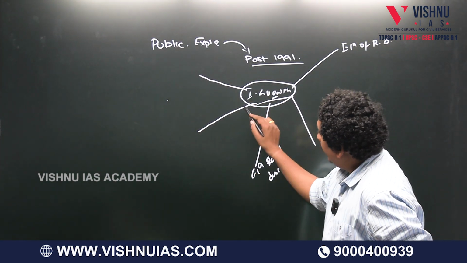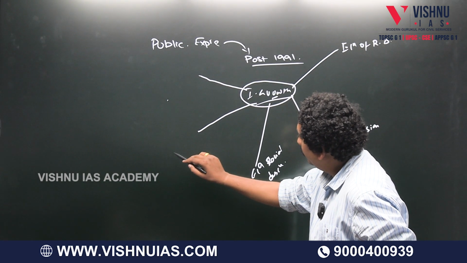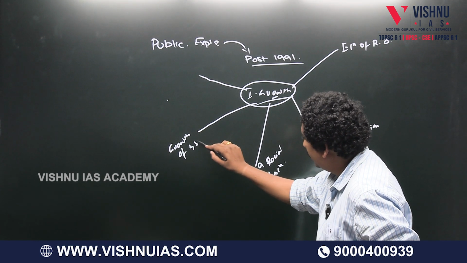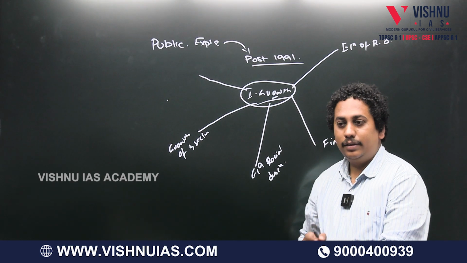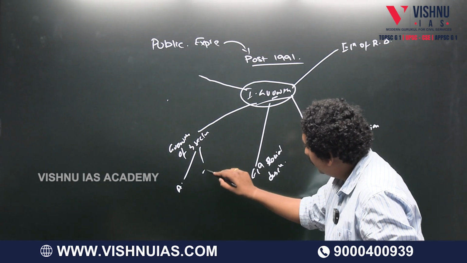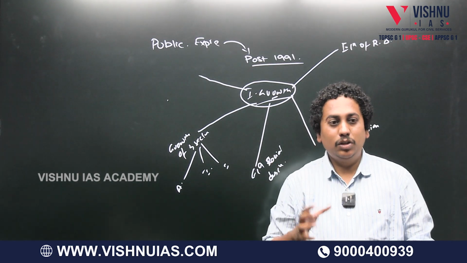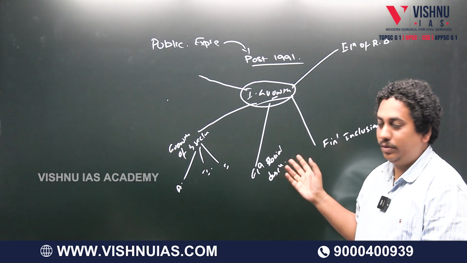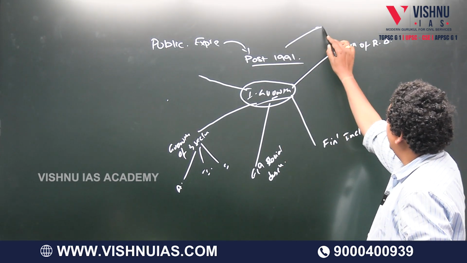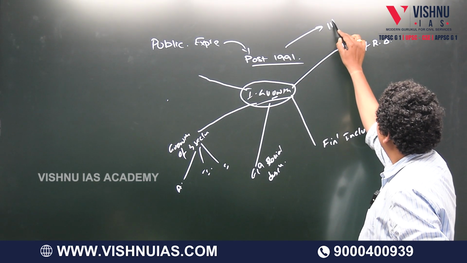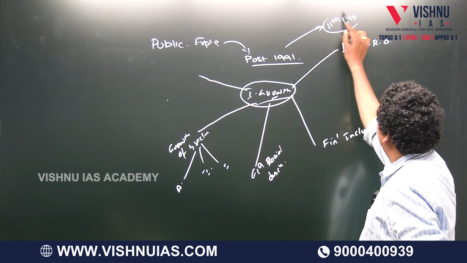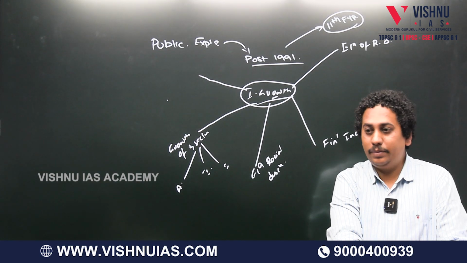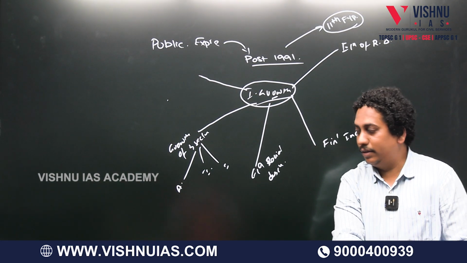Inclusive growth can also be achieved through the growth of three sectors in the economy: agriculture, industries and services. So this idea should be the basic theme of the question. This concept of inclusive growth was proposed in the 11th Five-Year Plan period.